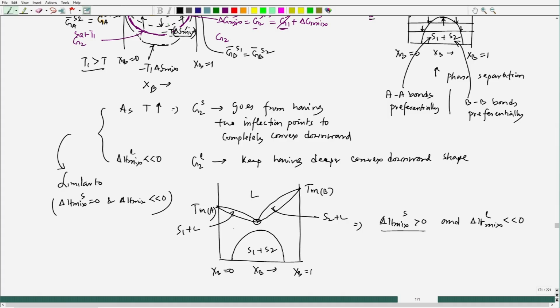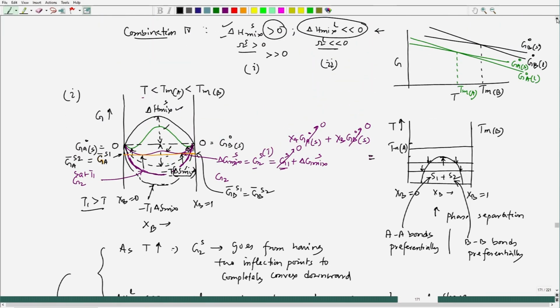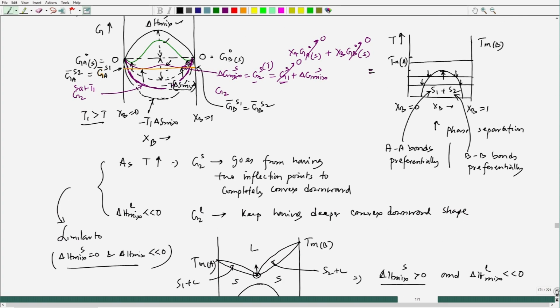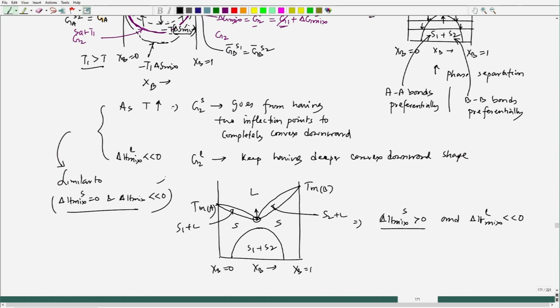So, everywhere we have solid, and in between, in this dome, we have phase separation, and beyond that we see equilibrium in such a fashion as we have seen in this situation. Okay. So, we are just combining this particular two situations, one situation and another situation, in such a fashion that it turns out to be this at a higher temperature.